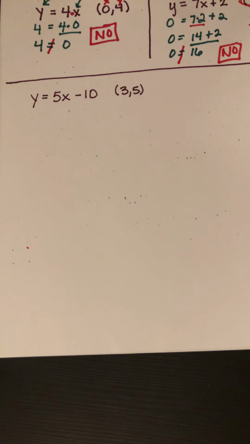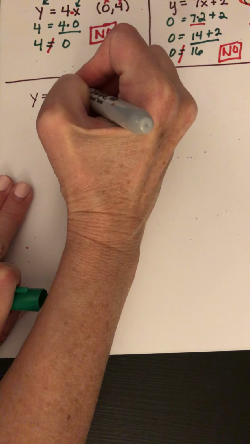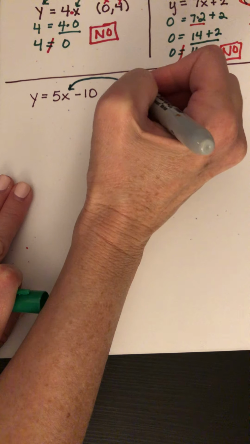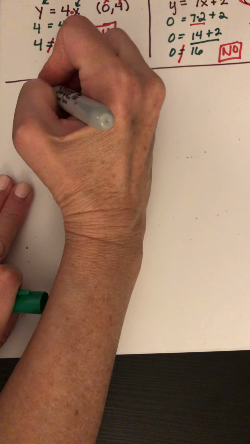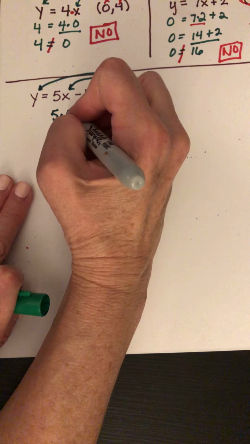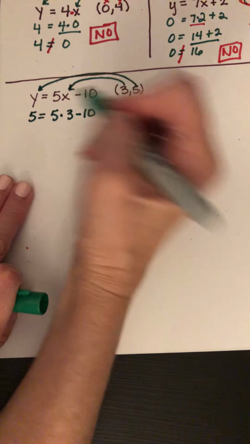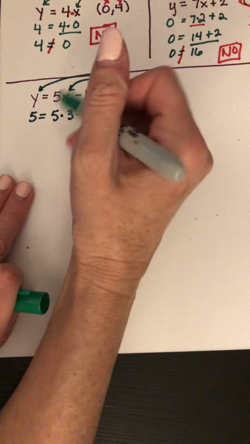All right, you should have paused it and tried it, and plugged in the values for the variables. So I'm going to plug in 3 for x and 5 for y. So I have 5 times my x, which is 3, minus 10, and my y is 5. Again, I have more than one operation.